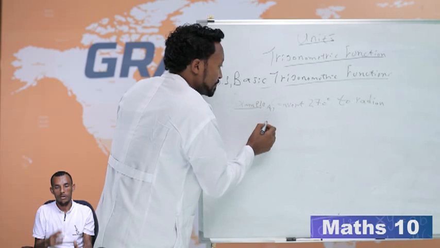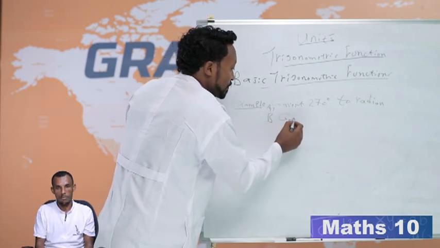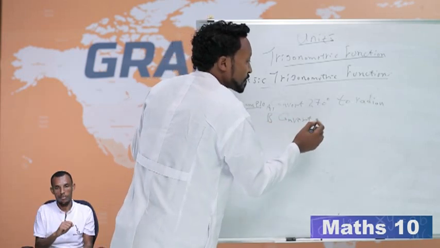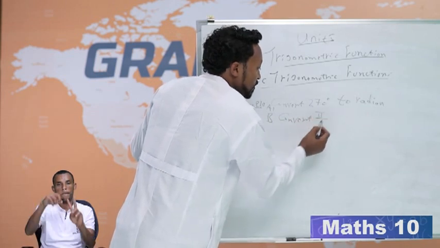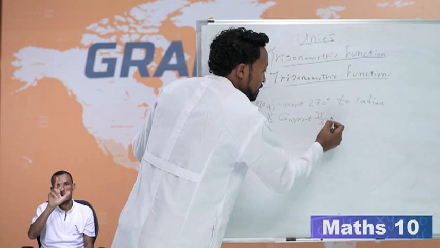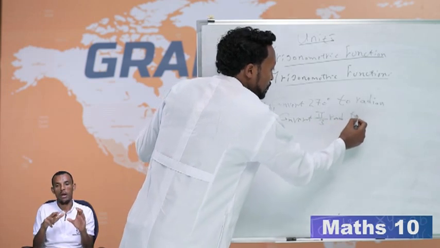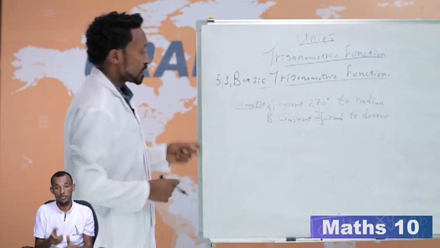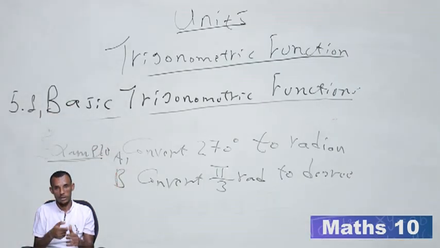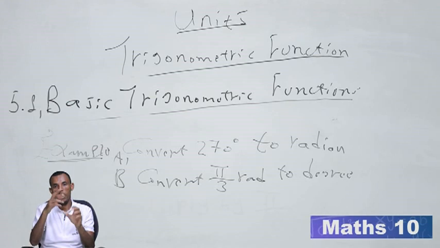This is the first one. B: convert pi over 3 rad to degree. This means conversion of radian to degree and degree to radian.